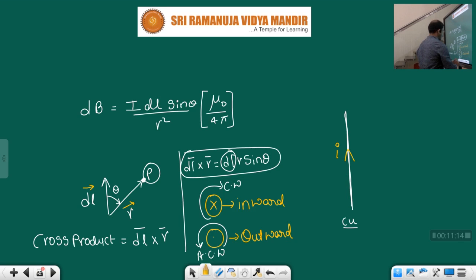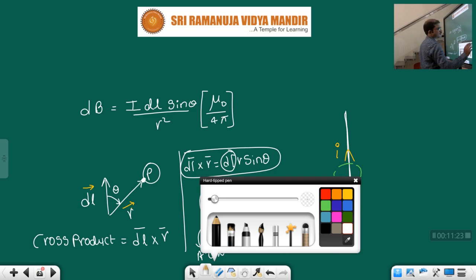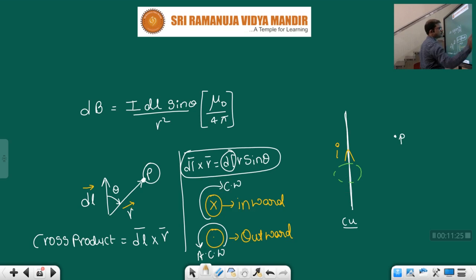I already said whenever there is flow of current, some magnetic field will be created around it. Suppose I consider some point P here. This magnetic field won't be restricted only here, children. It continuously spreads. The magnetic field created due to this current carrying conductor will touch this point P.